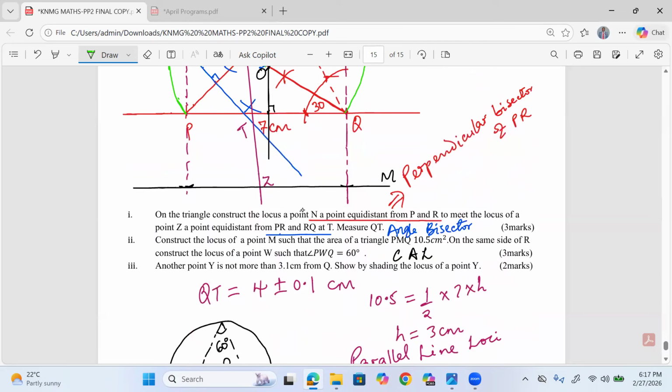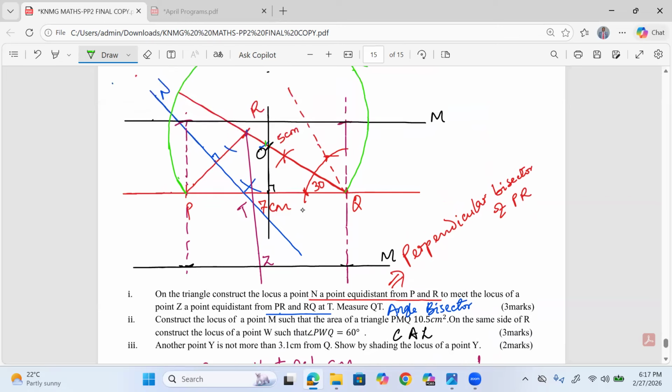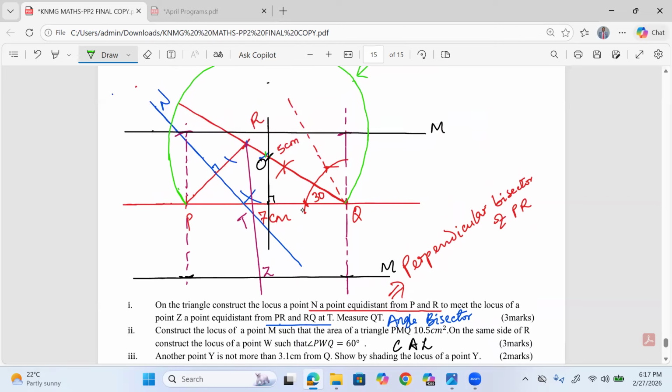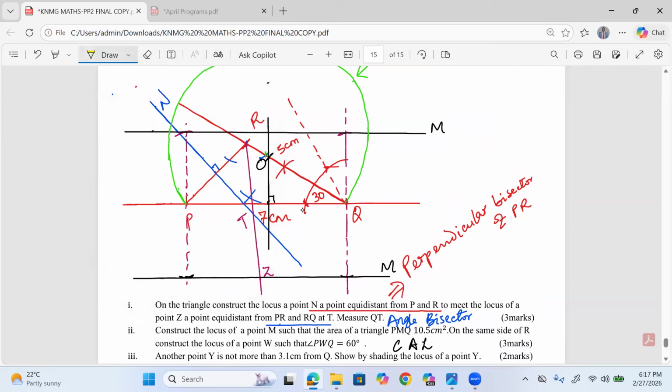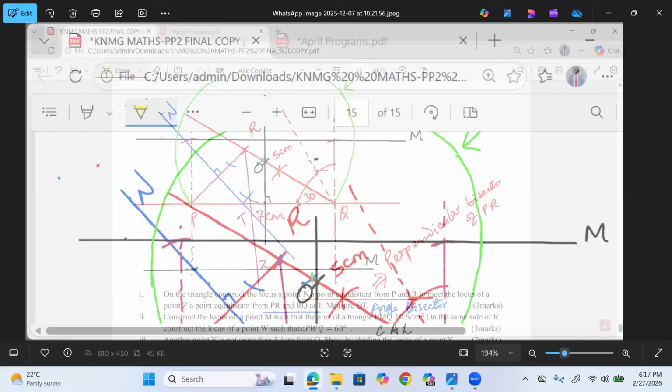So from Q, when we talk about 3.1, we need a circle such that any points from Q to that circle are 3.1 centimeters away. But now that we don't need them to be more than 3.1 centimeters, we shade the inner side. So a radius of 3.1, then we do a circle. So we measure a radius of 3.1 using our compass.